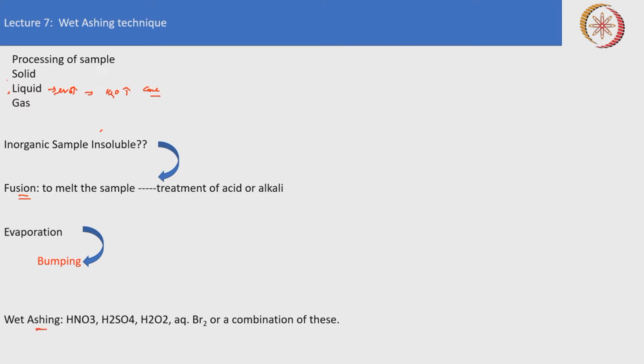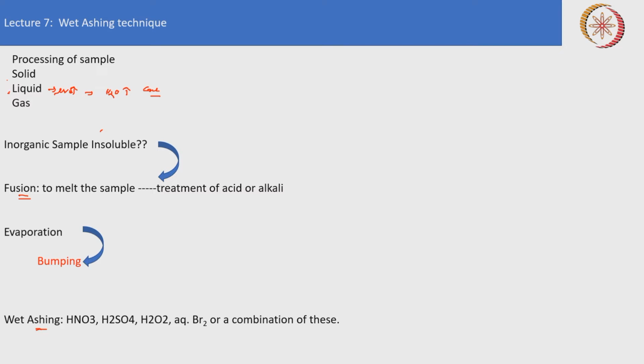This acid or alkali treatment is known as the wet ashing method, where you are decomposing the organic component which is coordinated with the metal center.